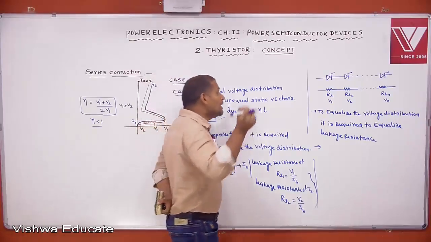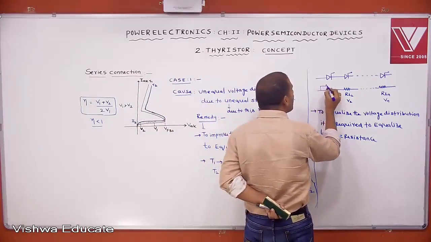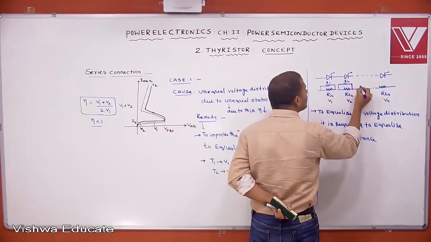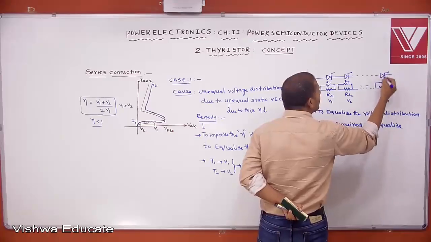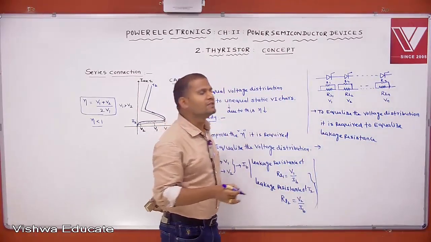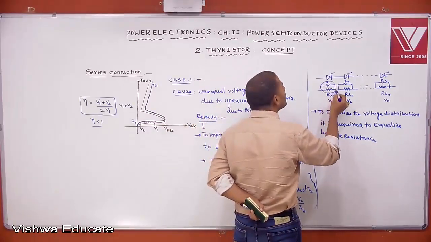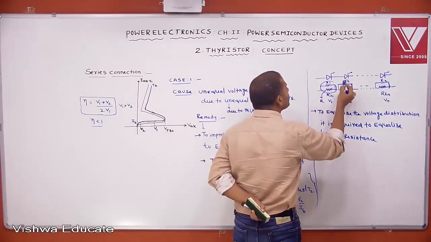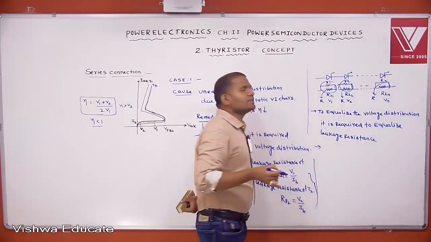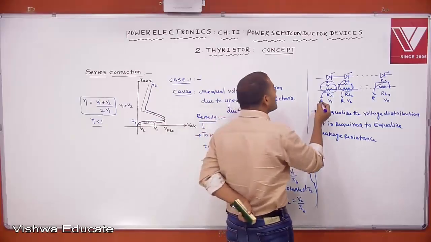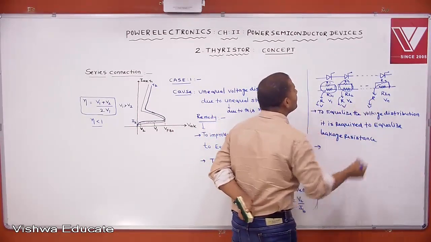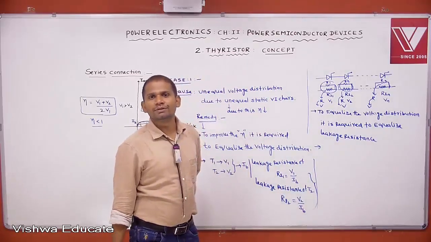This is R1, this is R2 and so on, up to Rn. Like that we can connect different values of resistances so that all the resistances are equal. If all the resistances are equal, then each SCR blocks the same voltage.